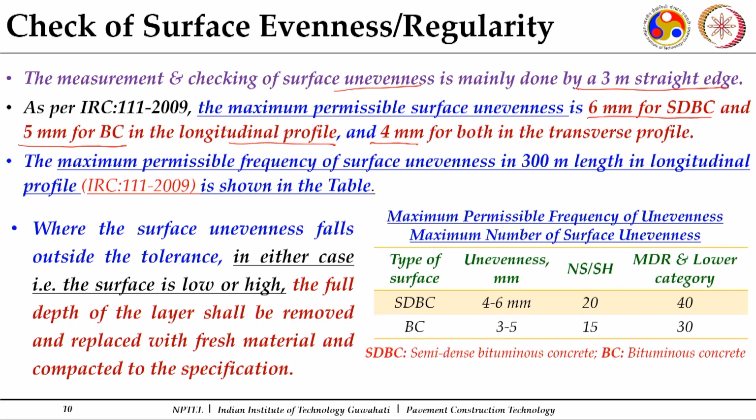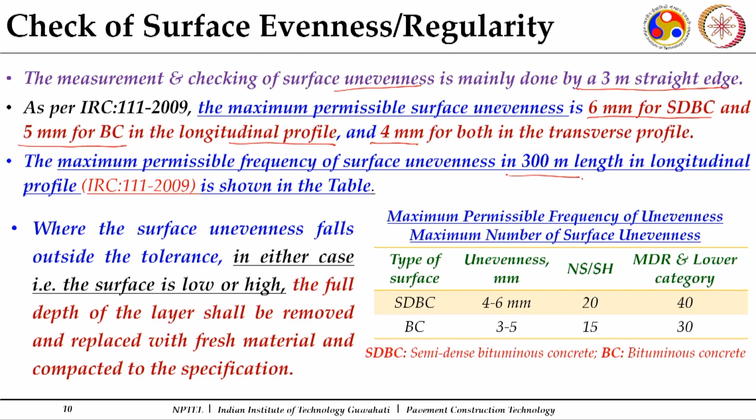Now, there is also the maximum permissible frequency of surface unevenness in a 300 meter length, because we will do multiple measurements. If you do measurements over a 300 meter length in the longitudinal profile, it should not go beyond the given limits. Here you can see for the bituminous concrete wearing course, for an unevenness in the range of 3 to 5 mm, it should not go more than 15 in number.